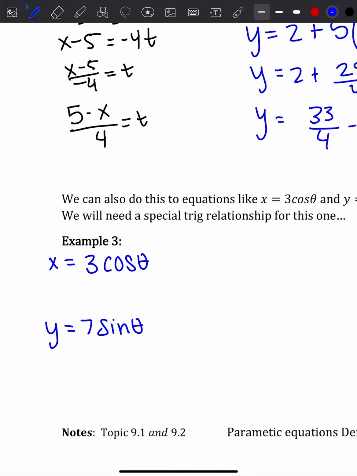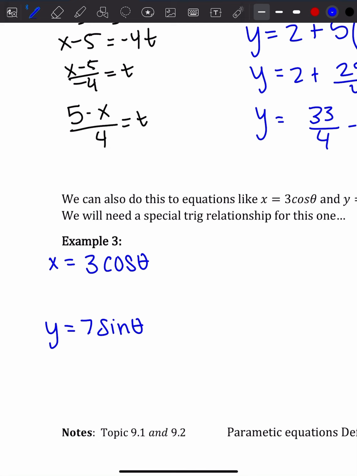For this one, we want x and y to be in an equation together, but we don't necessarily need it to be y equals. The problem with some of these is in order to get theta by itself, x or y would be in this kind of weird function.